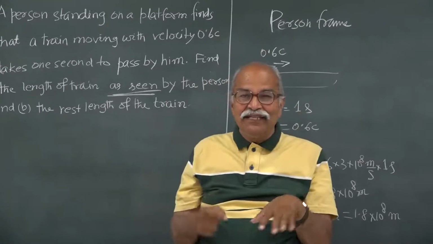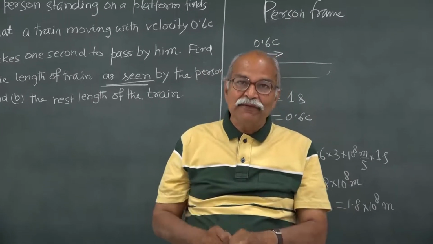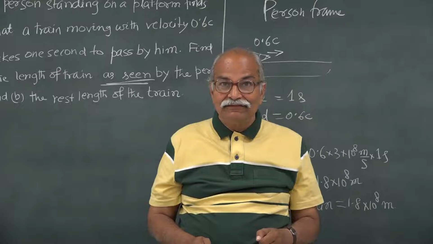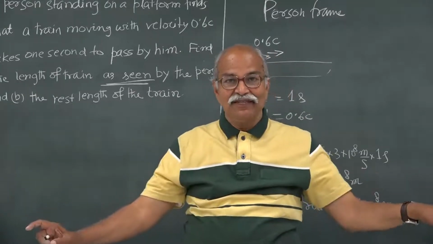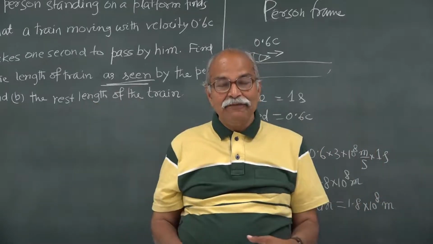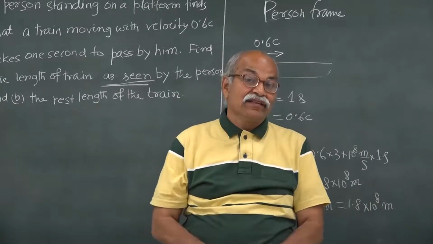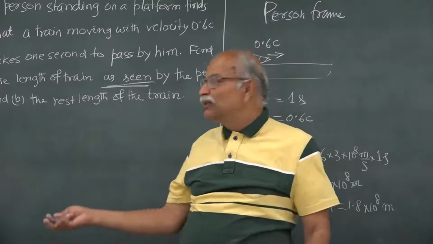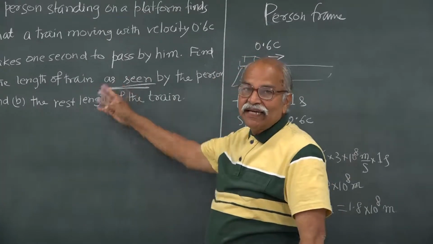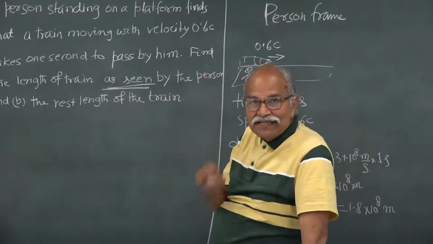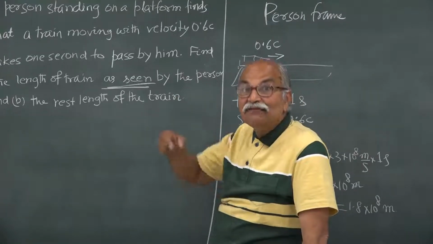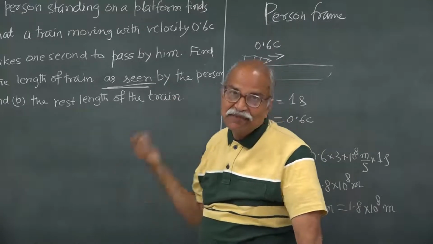As seen means in that person's frame, what is the length? How it finds that length, we are not concerned with this. In the person's frame, this is the length. So, that is the meaning. We will be using these kinds of words, as seen by, as observed by, but do not think that the process of observation or seeing is involved in solving such problems.